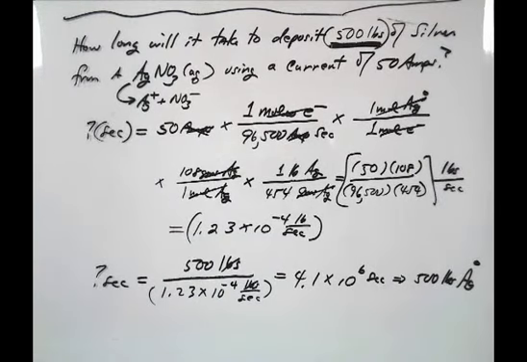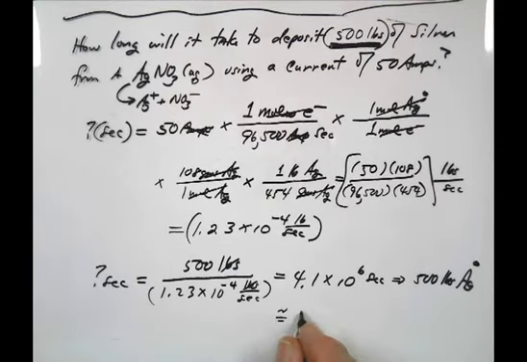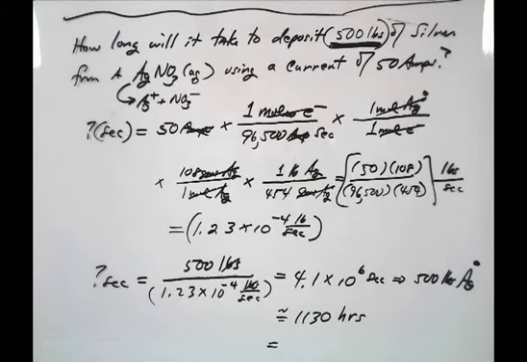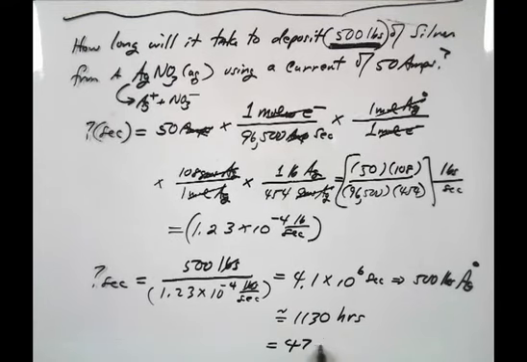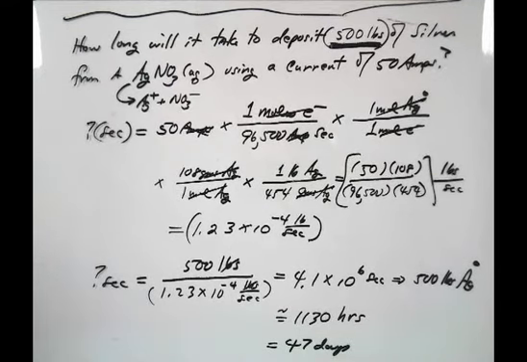Okay, well that doesn't mean anything, so let's put it into hours. I want to divide that by 3,600 seconds per hour. So that's roughly 1,130 hours. Okay, and 24 hours in a day, so when I divide that by 24, that's 47 days. And so that's about a month and a half.